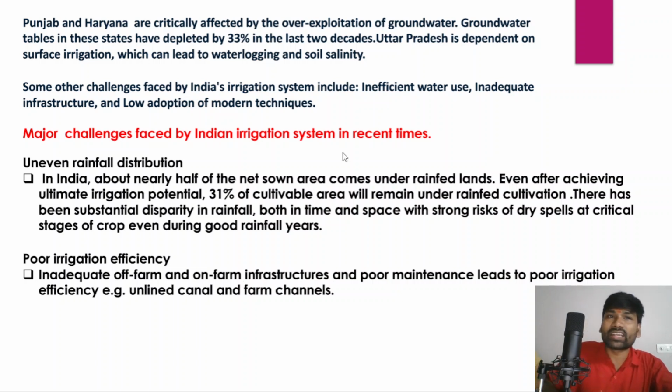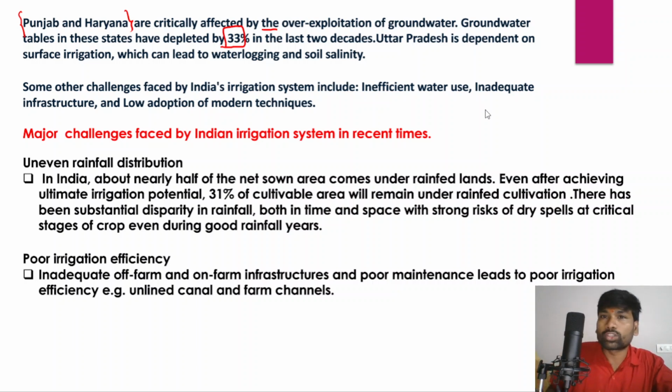Punjab and Haryana are critically affected by the over exploitation of the groundwater, because they cultivate a huge amount of wheat and rice, right? So both Kharif and Rabi seasons. They are exploiting a huge amount of underground water resources, and in fact underground water tables have been depleted by 33% in these states in the last 2 decades.